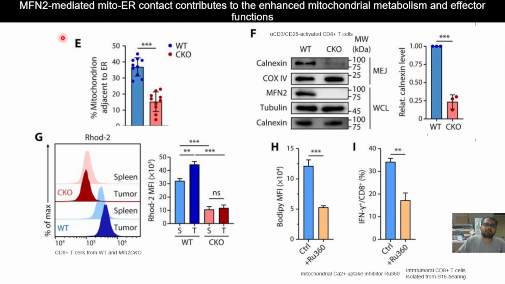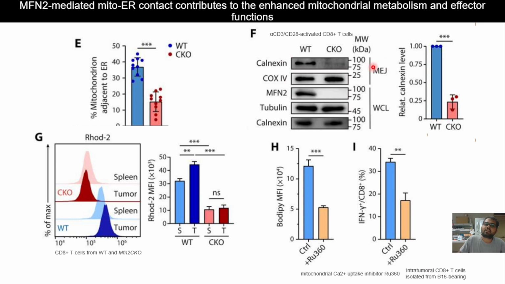Further, in the knockout, obviously the percentage of mitochondria-ER contact is decreasing. Here you can also see they used two different types of lysates. One is the mitochondria-ER junction lysate, and the other is whole cell lysate.